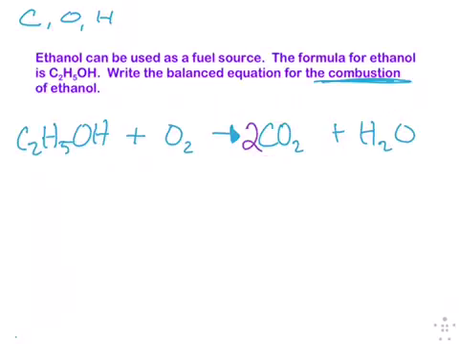So then we follow the guideline looking at oxygens. There's 1 here, plus the 2 here, for a total of 3 on the reactant side. Here we have 4 oxygens plus 1 for a total of 5.